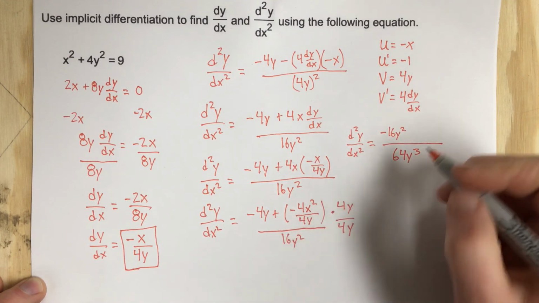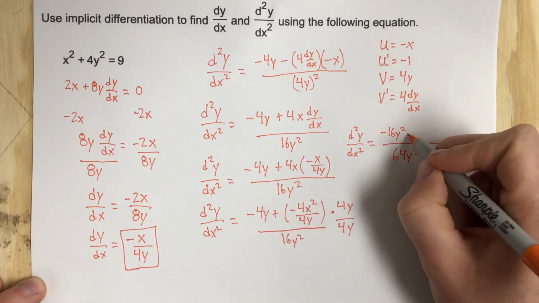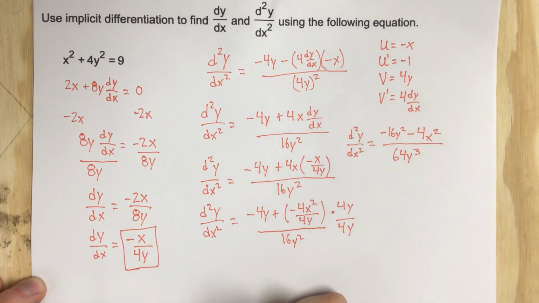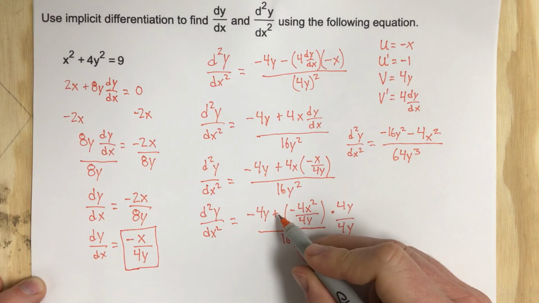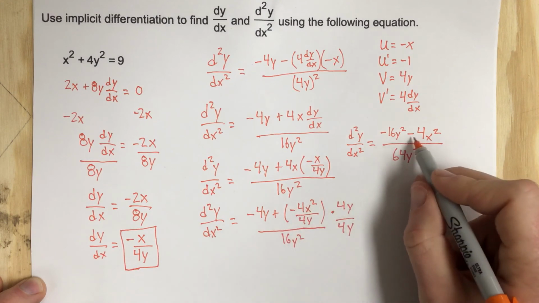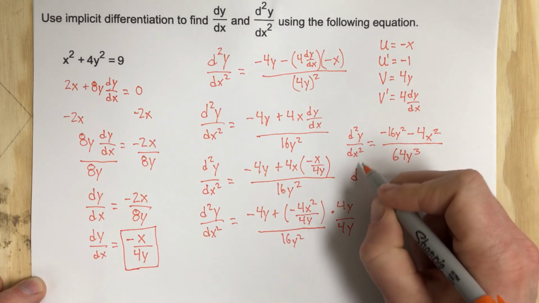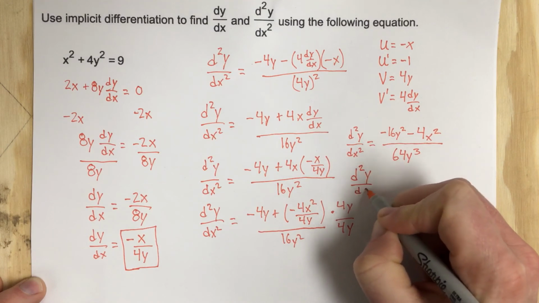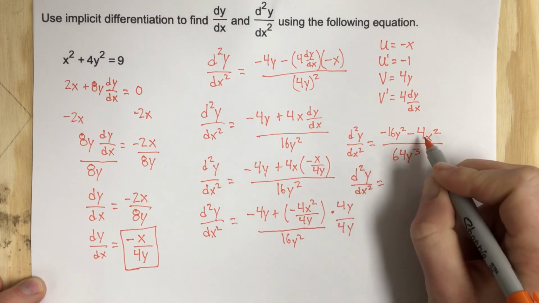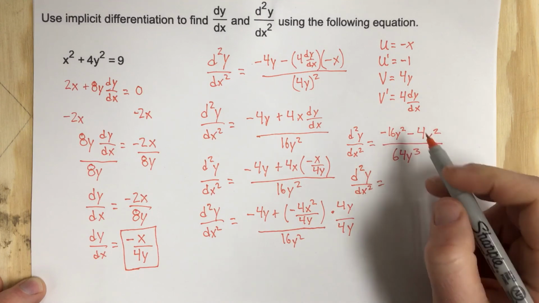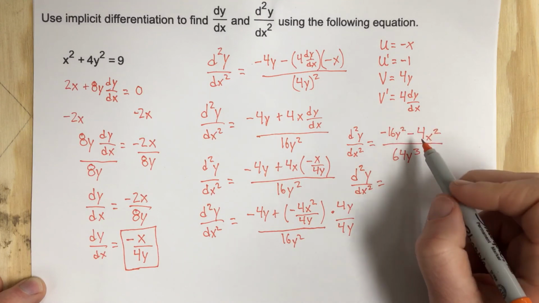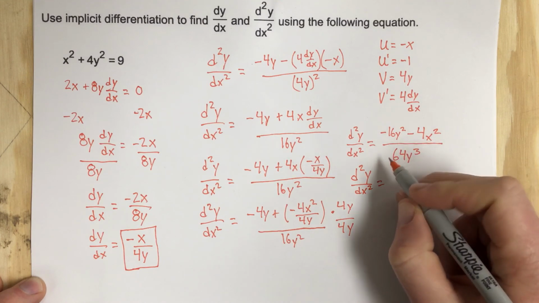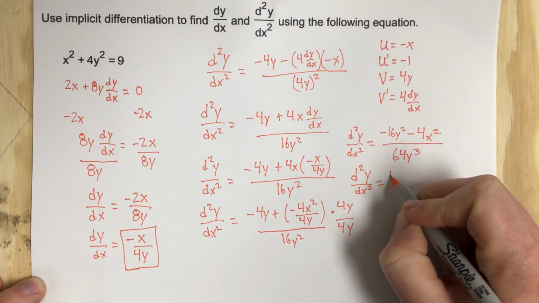And the 4y's cancel there, so it'll be minus 4x squared, and obviously adding a negative is just subtracting. So then the last step would be, I can factor out a 4 on the top. Let's just factor out the 4.